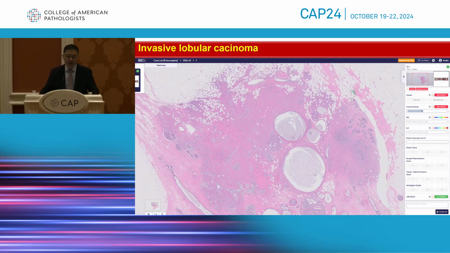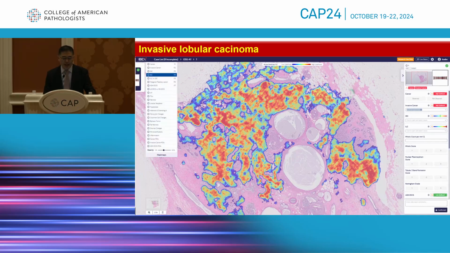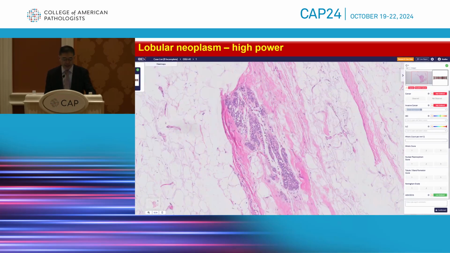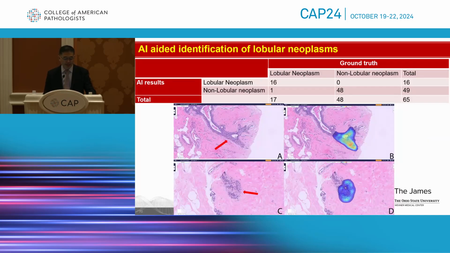This algorithm can also classify whether it's lobular or ductal. If you select the invasive lobular carcinoma here, it will highlight the potential lobular differentiation or invasive lobular carcinoma in red. And it can also identify lobular neoplasia, as highlighted here on the HE. You see the morphology that's pretty typical for ALH, atypical lobular hyperplasia.